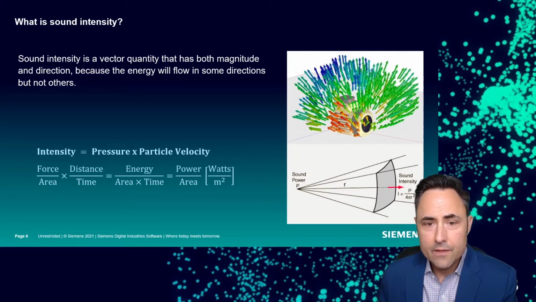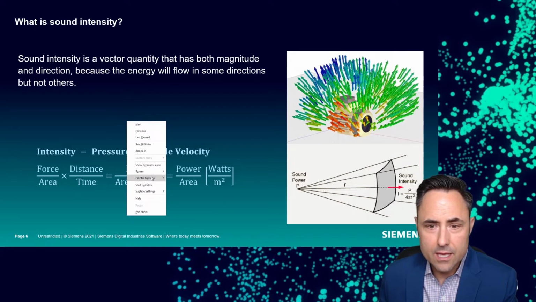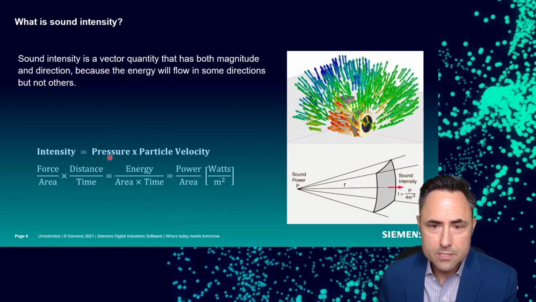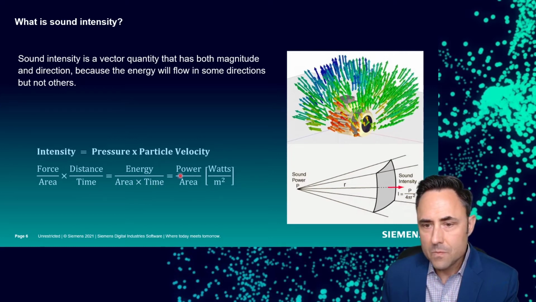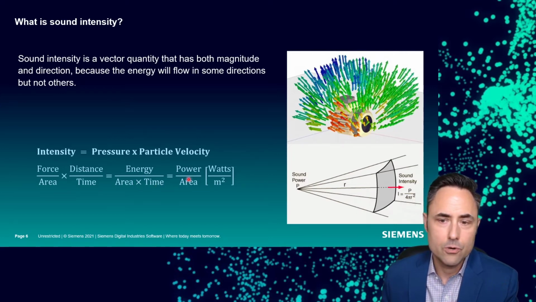The intensity is the sound pressure multiplied by the particle velocity. If you break these units down, you have pressure, which is force per unit area, times a velocity, which is distance per unit time, and you get energy per area per time. That is the same as power per unit area, or watts per meter squared.